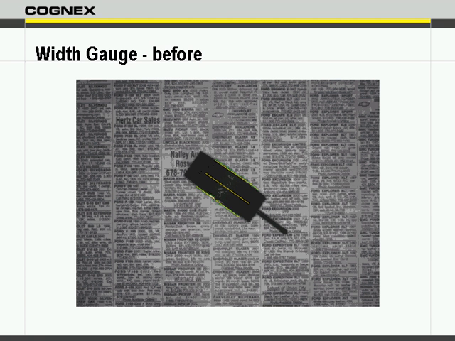Now, in this image, we can see that we're doing a measurement or an edge finding inspection. This is just a small part on a false noisy background, a piece of newspaper in this scenario. This demonstrates two things. One, there's a lot of noise, and yet the edge tools can still get through that noise and find the correct edges, which is great.